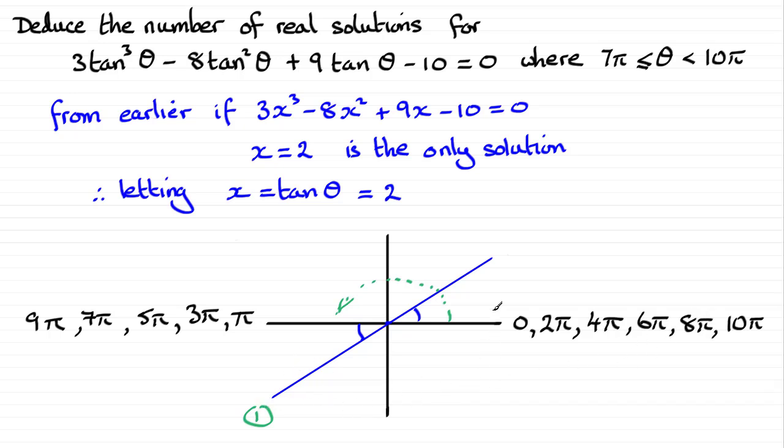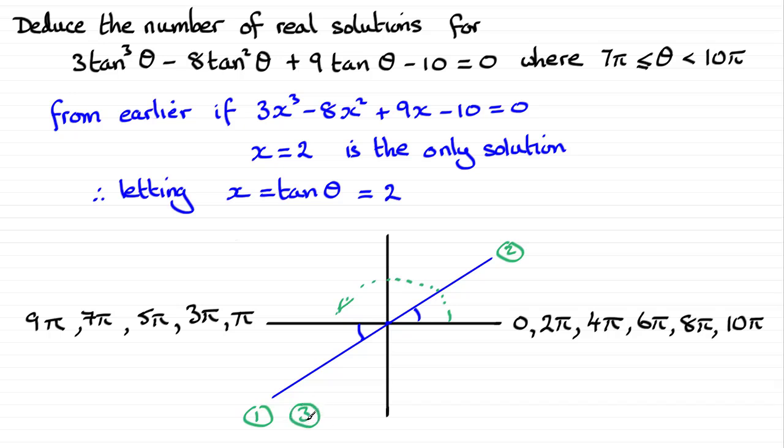I carry on round, get to this one, and I'm greater than 8 pi, but still less than 10 pi. So that's going to be my second solution. Carrying on round here again, I'm going to pass the 9 pi now, but still be less than 10 pi. So I'm going to land on this one here, and there'll be another solution there, my third solution.